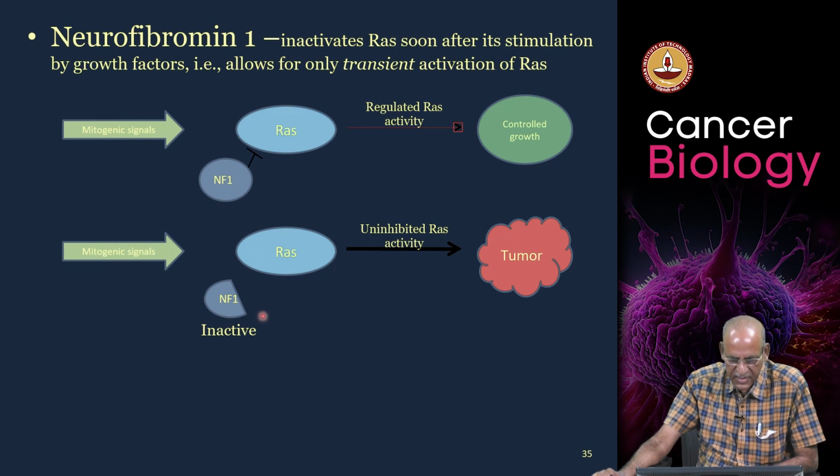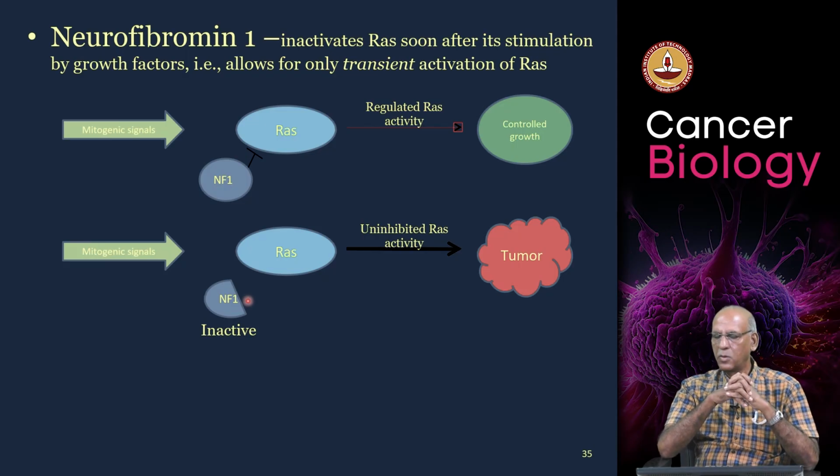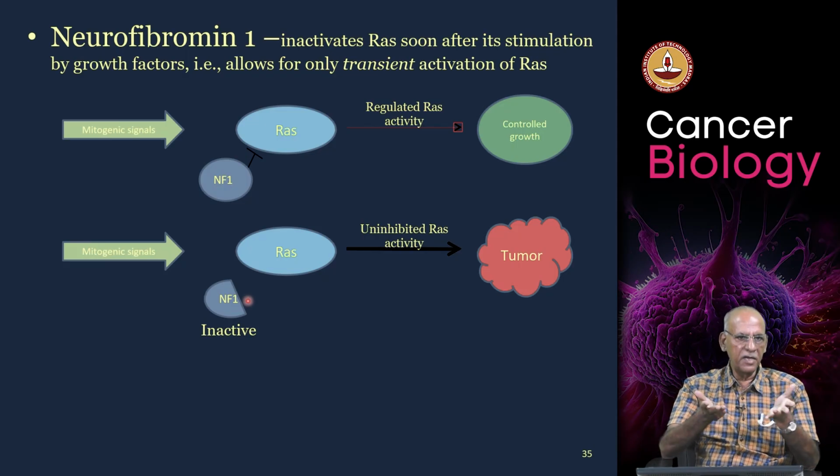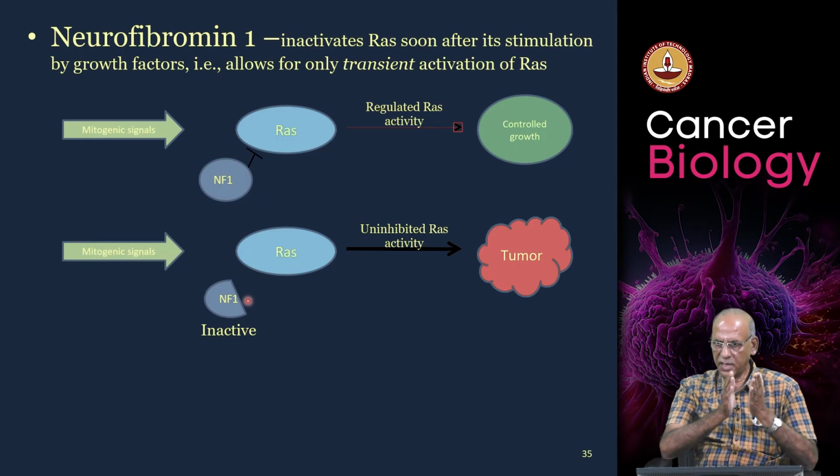But when NF1 is inactive, this is another principle that you must remember: when you inhibit an inhibitor, you end up activating. So, in cancer, NF1 is inactivated. What is the function of NF1?